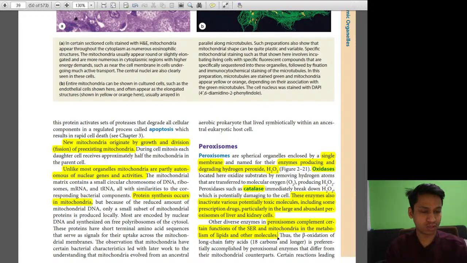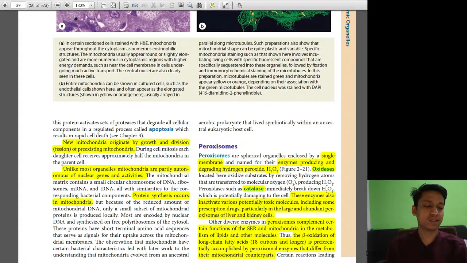We'll read about apoptosis. Thus, the beta oxidation of long chain fatty acids is preferentially accomplished by the peroxisomal enzymes that differ from their mitochondrial counterparts. Yes, we need to remember the beta oxidation of these long chain fatty acids. So metabolism of lipid is also a function of the peroxisome.